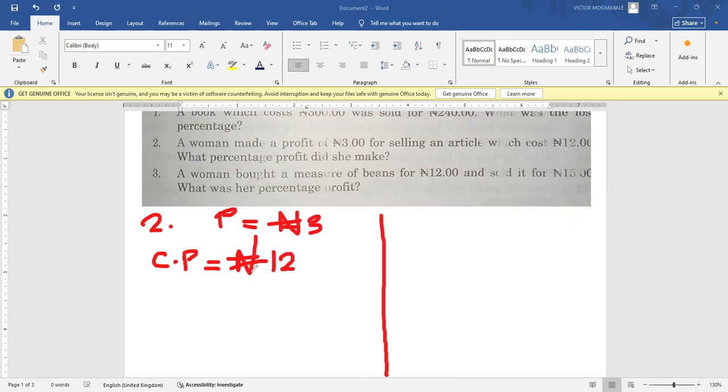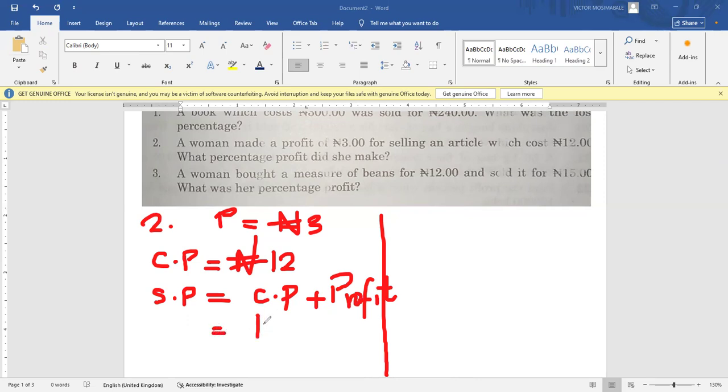So since there's a profit, it means selling price is actually greater than the cost price. And selling price is actually the CP plus the profit. Since selling price is greater than cost price, then you will add the profit to the cost price.